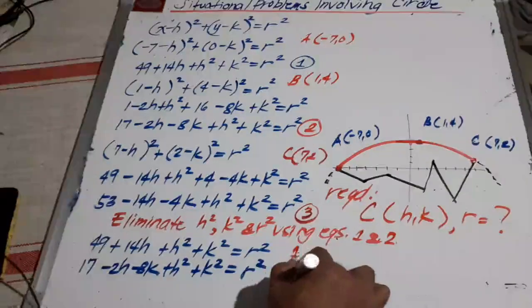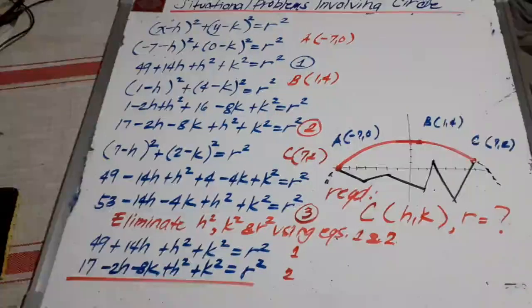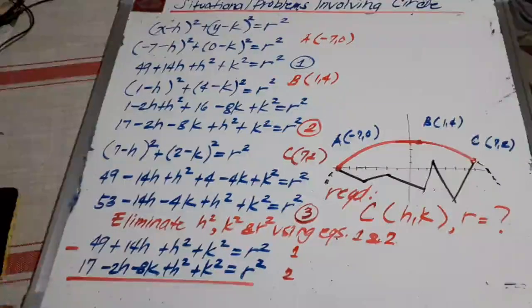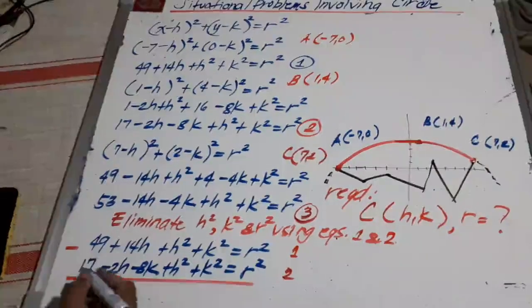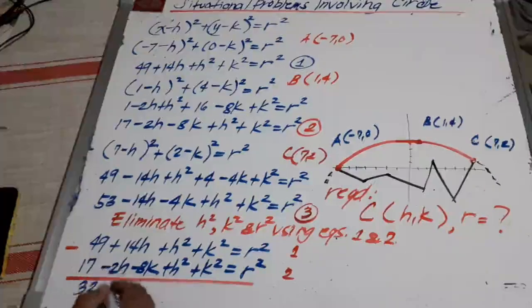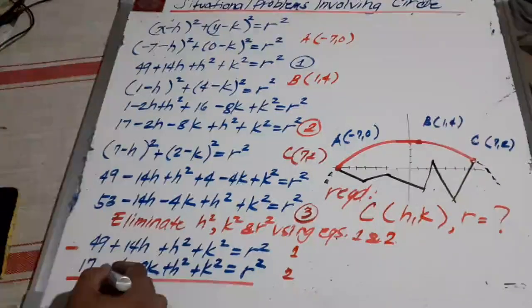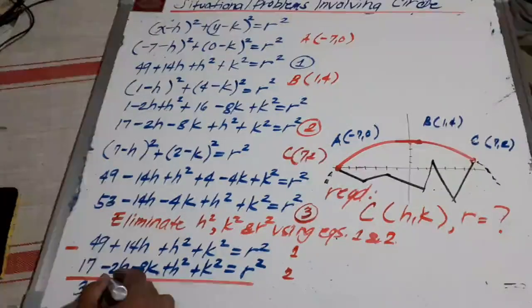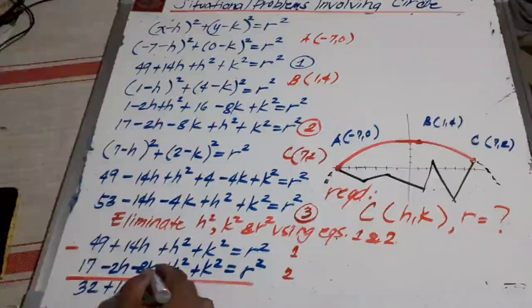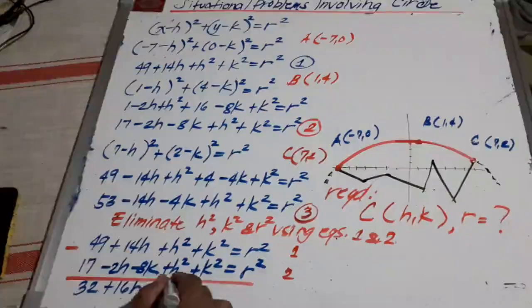This is equation 2. Para eliminate yan, we subtract the two equations. So that is 49 minus 17, that will be 32. 14 minus negative 2h will become positive, so 16h. Bring down, negative 8k will become positive 8k.